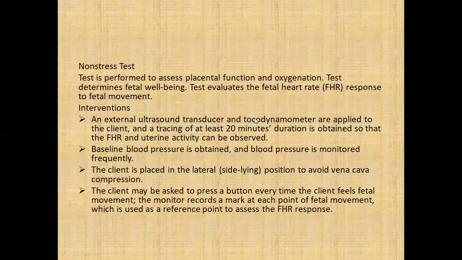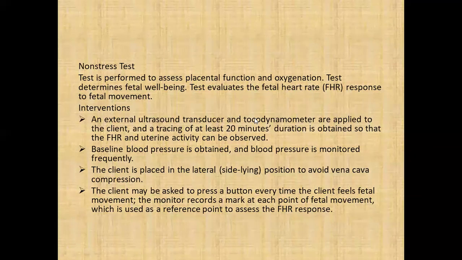But under the non-stress test, the fetus is not made to undergo any stress. That is why it is called non-stress test. So I've already established why we do the non-stress test: to evaluate fetal well-being, placental function and oxygenation, how it supplies oxygen to the fetus, and fetal heart rate in response to fetal movement.